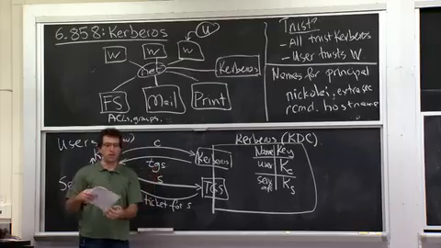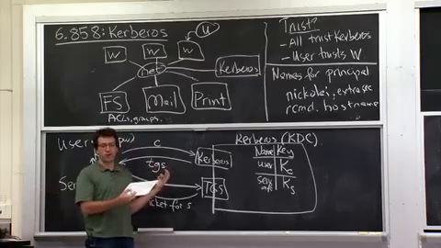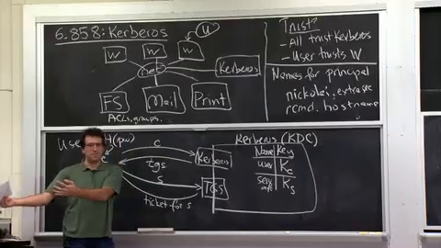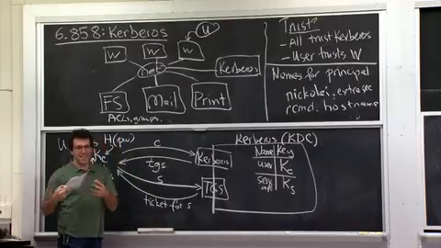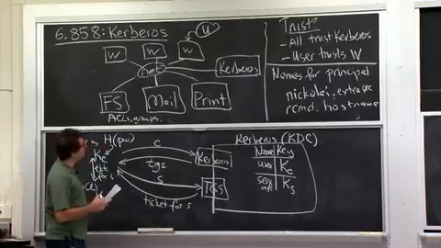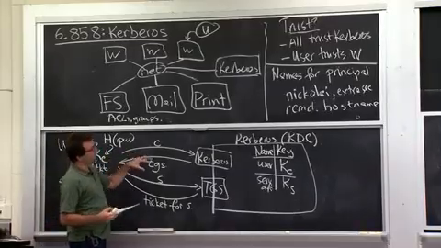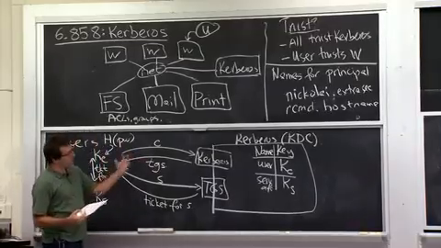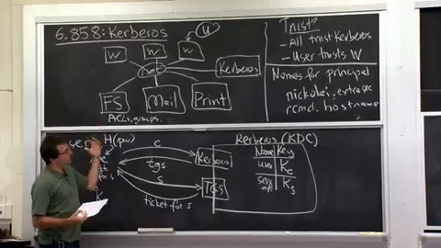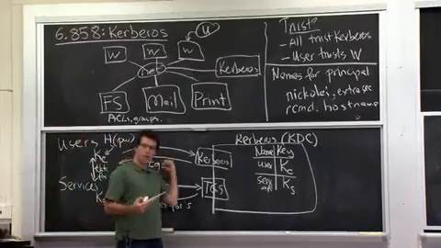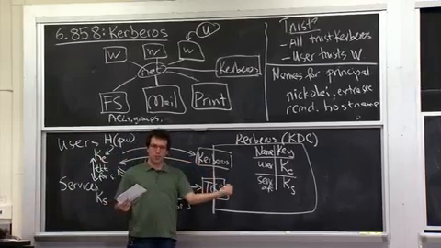Because maybe I'll look at the grades file and submit it to the registrar. It would be too bad if some file server could impersonate the response and give me the wrong grades file all of a sudden. So this is why the service principals also need their own name, and the workstations need to figure out what name I should expect to see when I connect to the service.